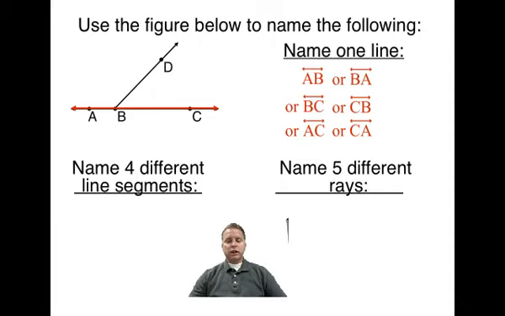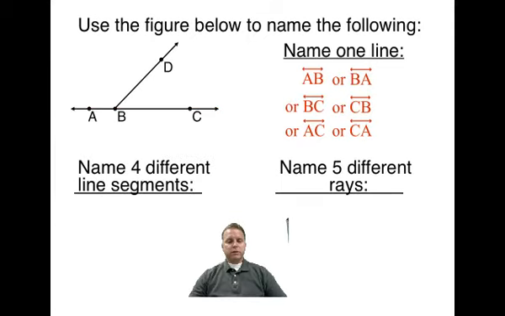Now, would you take a moment and try to name 4 different line segments? So you're looking for 4 line segments anywhere on the line. Please pause the video and try to write down as many as you can. Okay, some possibilities. Could be BC, we could have AC or AB.